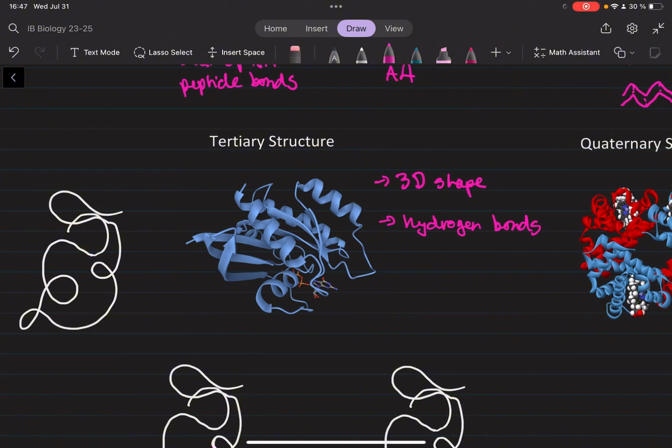But in the tertiary structure, it's the hydrogen bonds between the R groups, so not the general component of the amino acid. It's part of the R group.